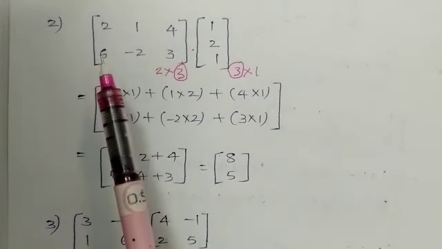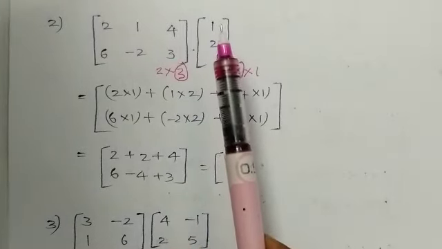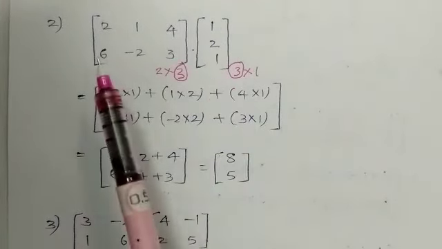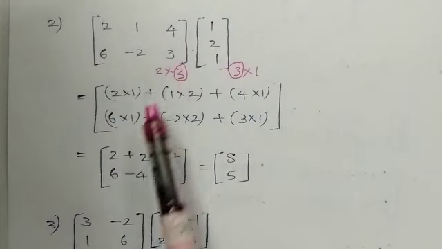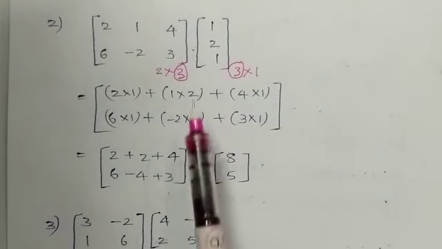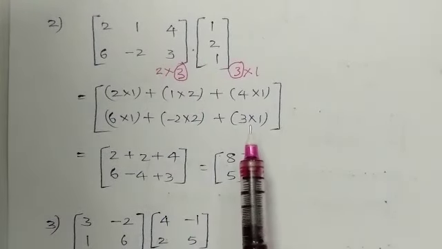So we need to go to the second row. This is multiplied with the column of this matrix. 6 into 1, 6, plus minus 2 into 2, plus 3 into 1.